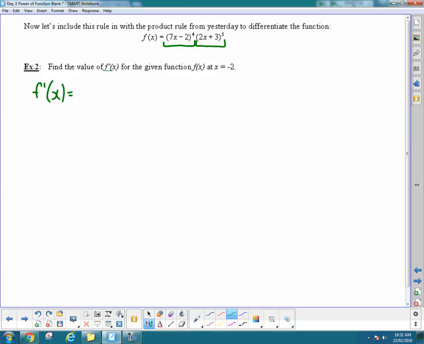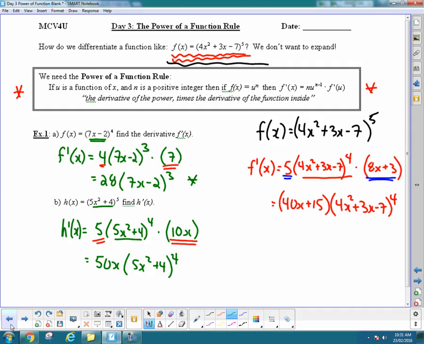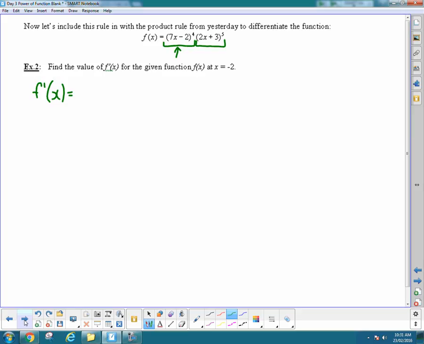So I go off and I have to find the derivative of the first. Now, when I do that, I notice that that is a question just like today. If you look at it, in fact, it's the same as this question right here. And so I have to use today's rules when I'm doing the derivative of the first. Today's rule says I do the derivative of the outside first. So I've got a 4 times something to the power of 3. That something is 7x minus 2.